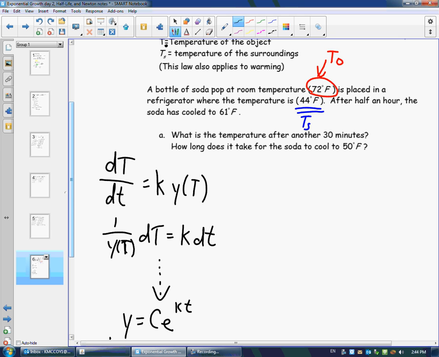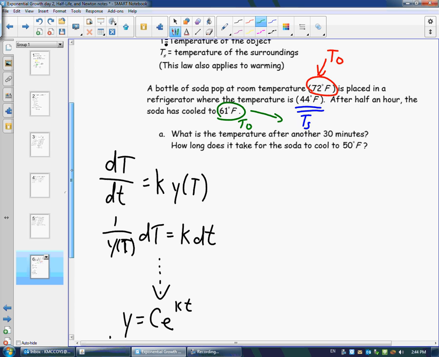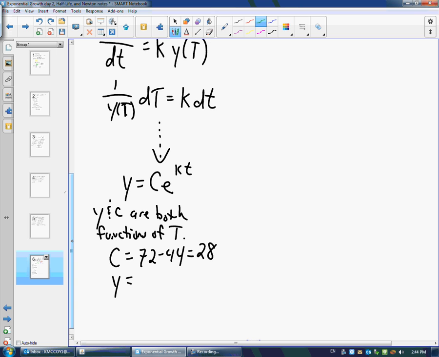So we do 61 minus 44, because the refrigerator hasn't changed temperature, it's still 44. 61 minus 44 is our y value, and 61 minus 44 is 17. So that's what we're going to plug in. Take all this and plug it in here.